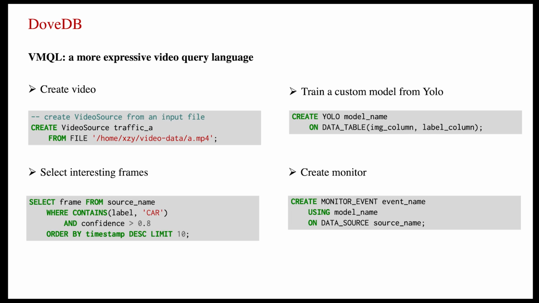This straightforward command will effortlessly create a video object for you. Afterward, you can make use of select statements to query this video. For example, just like the bottom left corner, you can query the number of vehicles.